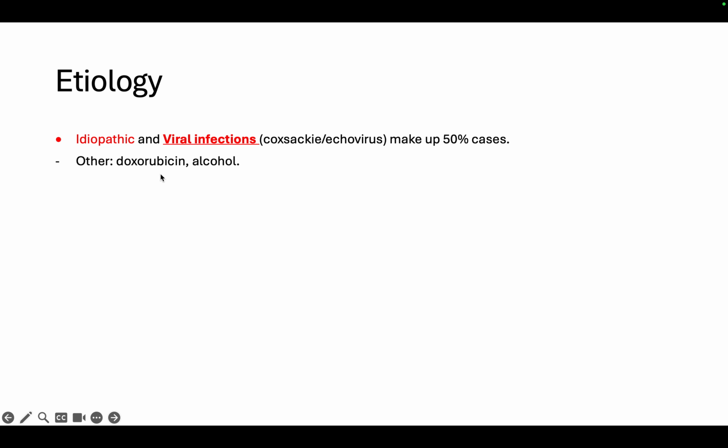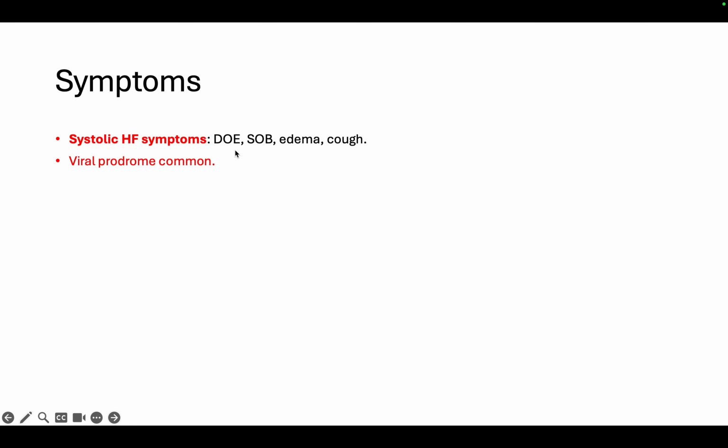Your symptoms, well, we know we have a systolic dysfunction, so if we can't pump, the blood's going to back up, right? So if it backs up to our lungs, we can have dyspnea on exertion, shortness of breath, and cough, right? And then we can also have pulmonary edema. If the right ventricle is dilated, it's going to back up to the rest of the body, right? So if left-sided is dilated, it's going to back up to the lungs.